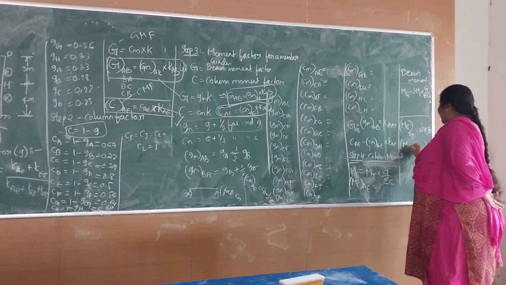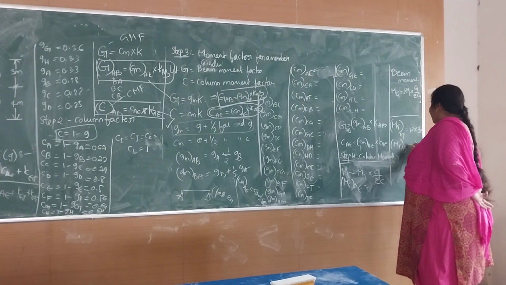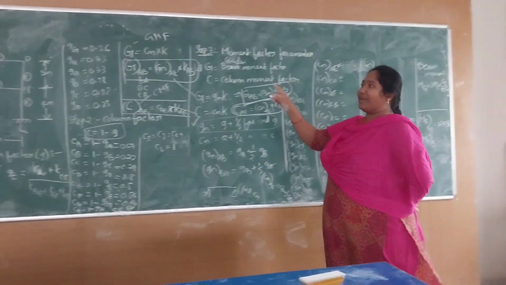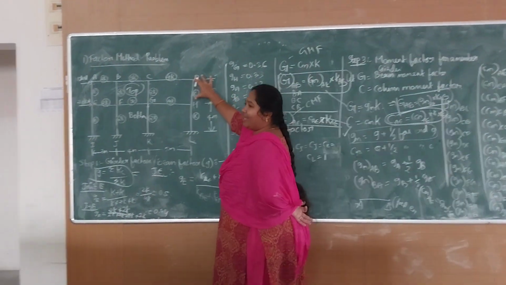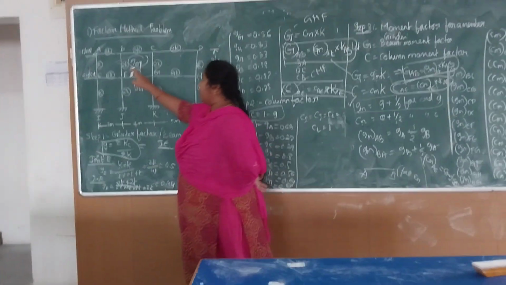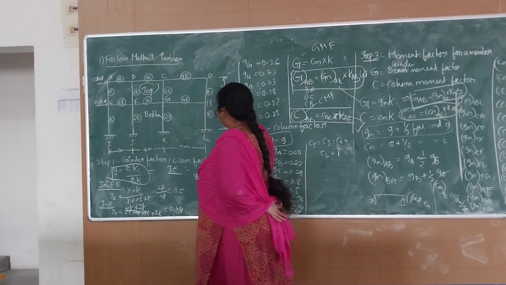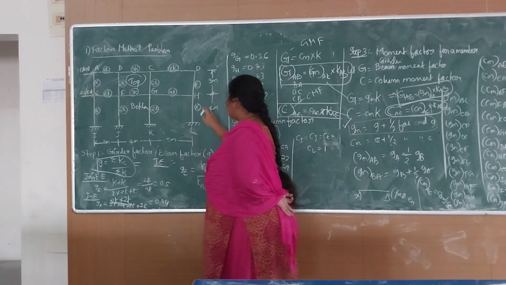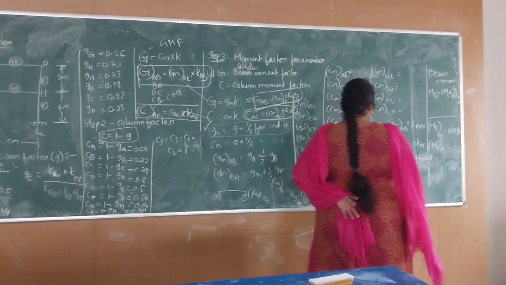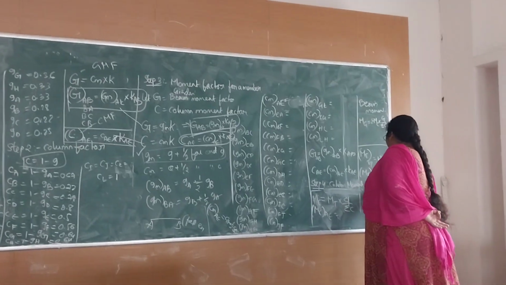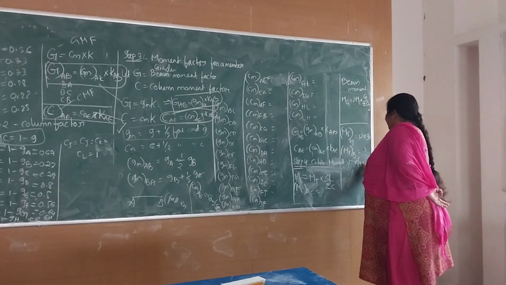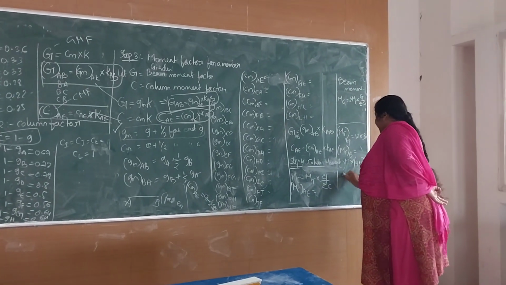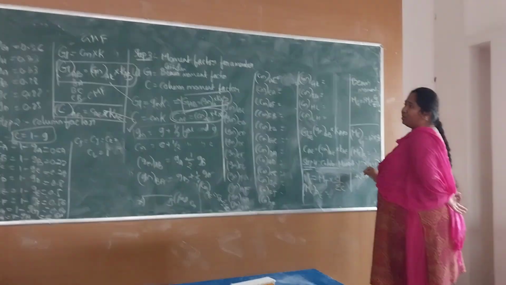Now, MT for the bottom floor is equal to, how many movements do we have? For top, one movement is there. For bottom, one movement is there. So 12 into 3 plus 4 is the first movement for the top floor, plus 24 into 4. So here I write 12 into 4 plus 3 plus 24 into 4.